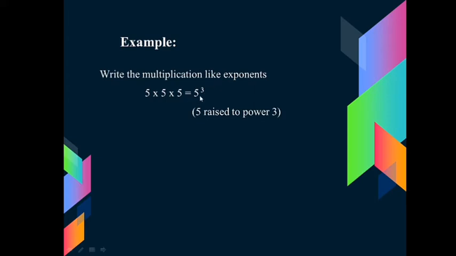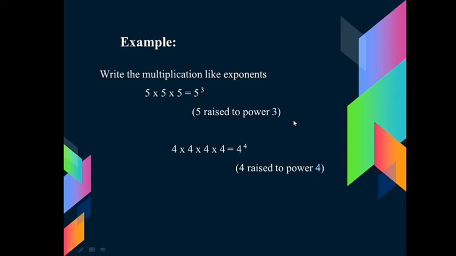So what is the base here? The number we are multiplying with itself, that we take as the base, and how many times we multiplied that number with itself, that we write as the exponent, and we will read it as 5 raised to power 3. Then one more example, 4 into 4 into 4 into 4 is equal to 4 raised to the power 4.